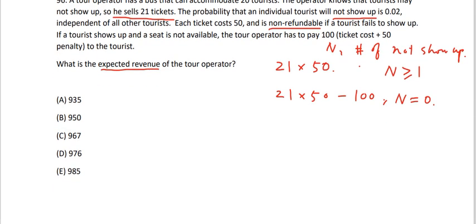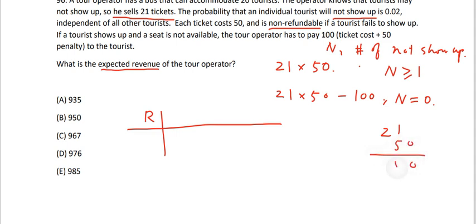So we just need to find those probabilities. The revenue can be 20 times 50, which is 1050, or it can be 950, right?